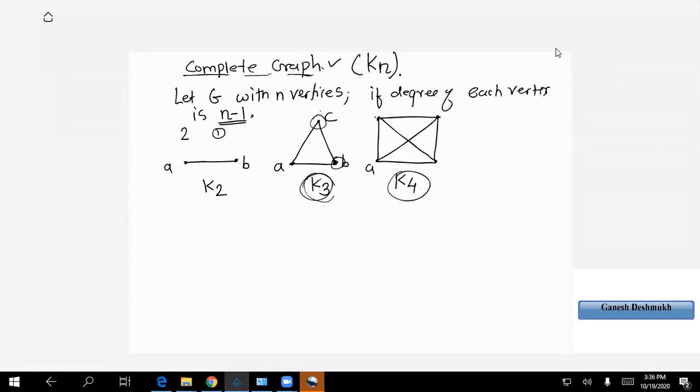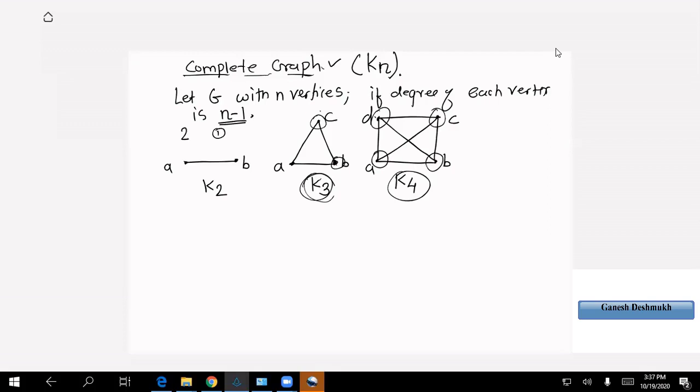Suppose I name the vertices as A, B, C, D. A is adjacent to all remaining vertices B, C, and D. B is adjacent to the remaining vertices C, A, and D. And similarly, it's true for C and D. Hence, I can say a complete graph is a graph where every vertex is adjacent to every other vertex.